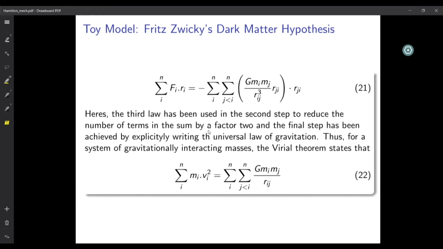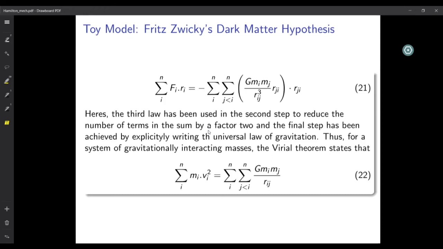So then he measured the mass of the galaxy cluster, and he tried to find out whether it was equal to the mass found using the galaxies' luminosity. What he found was that the mass found using the luminosities and the mass found using the virial theorem did not agree with each other.